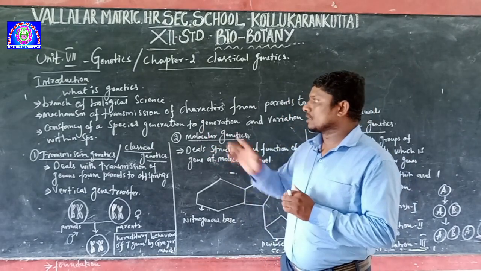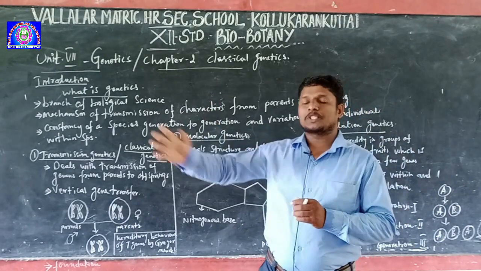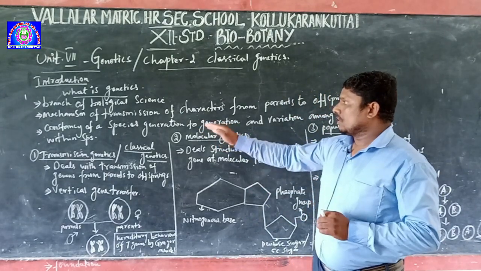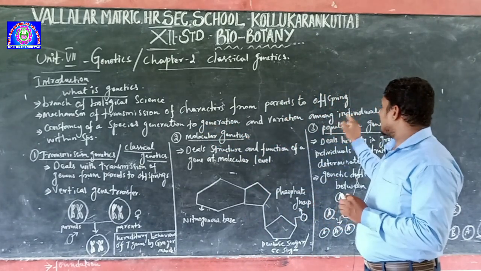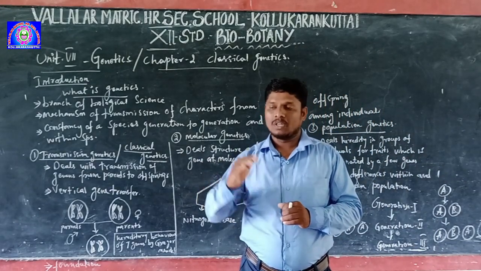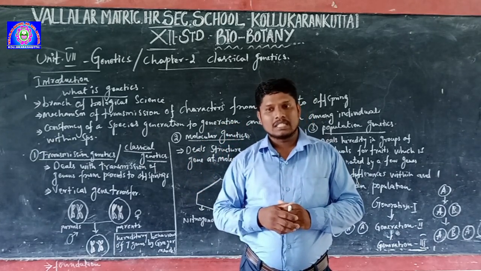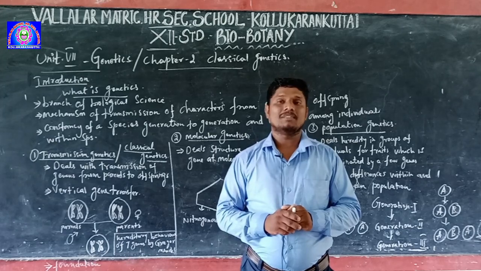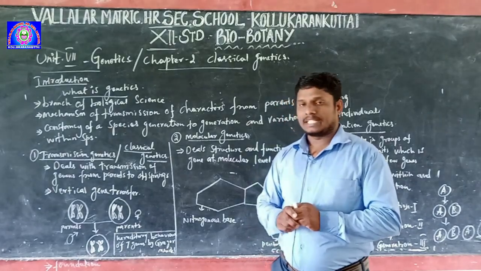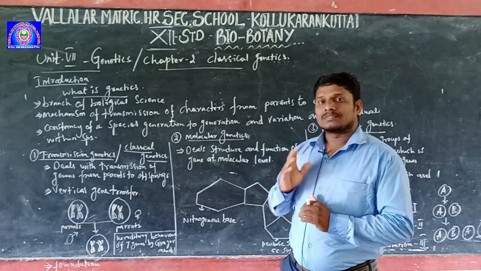And then the third one, constancy, and variation among individuals within the species. So parental characters transfer from generation to generation. A certain type of variation occurs. That type of variation helps the survival of the fittest in the environment.